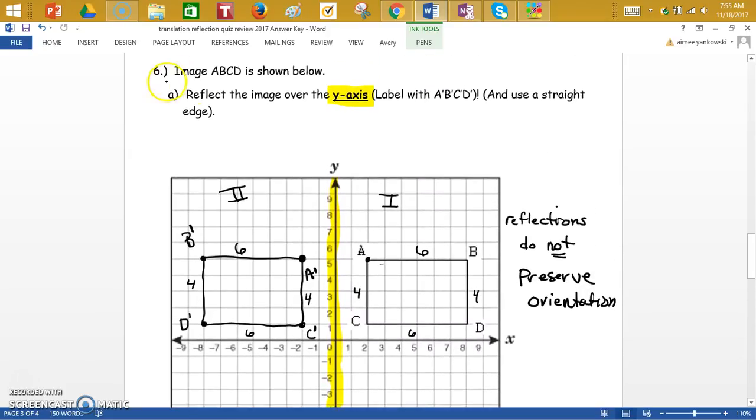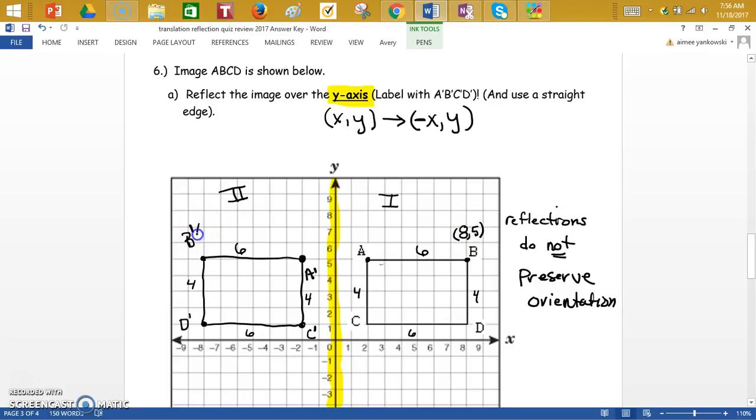I also want to just remind you over the y-axis, some of you just really like the rules. Over the y-axis, if you have (x, y), then all you do is change the sign of x, keep the sign of y. Y-axis, y gets to stay the same. So for instance, let's look at letter B, point B. So point B is (8, 5).